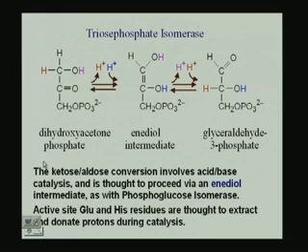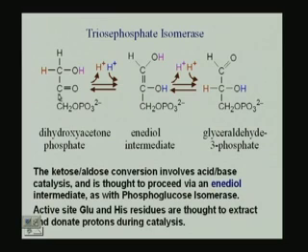Okay, now this is the intermediate that you have, which is the enediol intermediate, where you have the ketose aldose conversion, which actually involves an acid base catalysis. When we have dihydroxyacetone phosphate, what are we talking of?